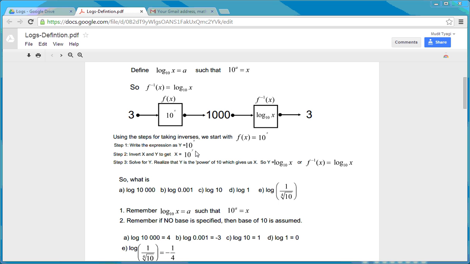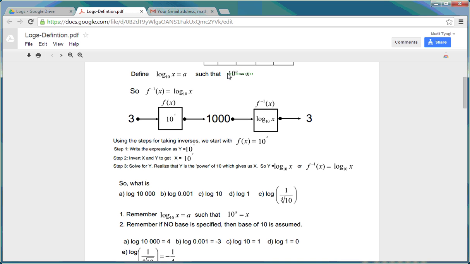And now we make y the subject of this equation. Well, note here, this x equals 10 to the y, this expression right here, it looks very much like this expression. The 10 to the power of a is equal to x. Instead of a, you have a y here.